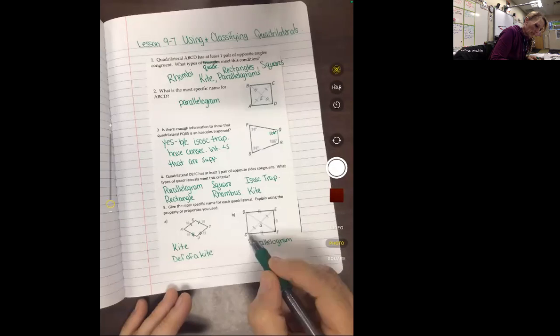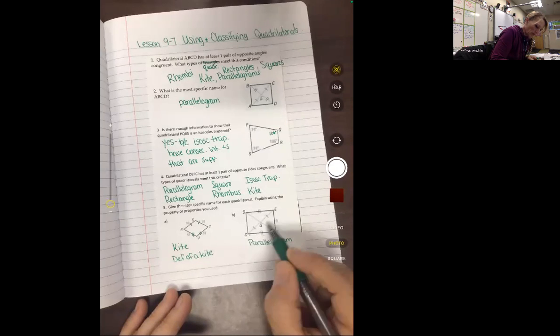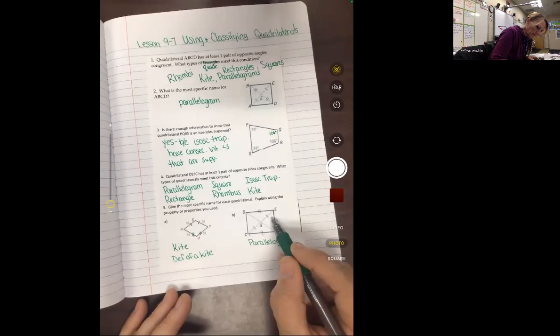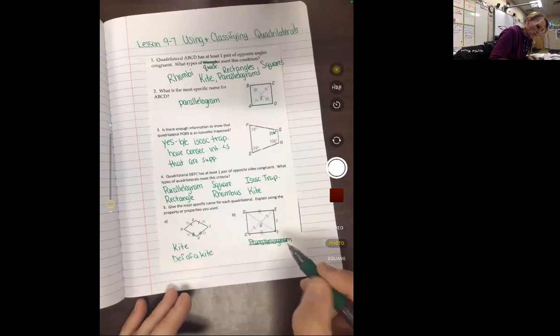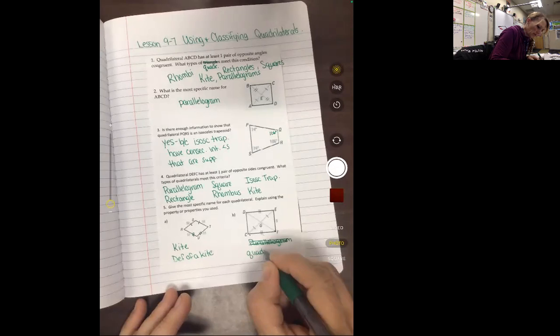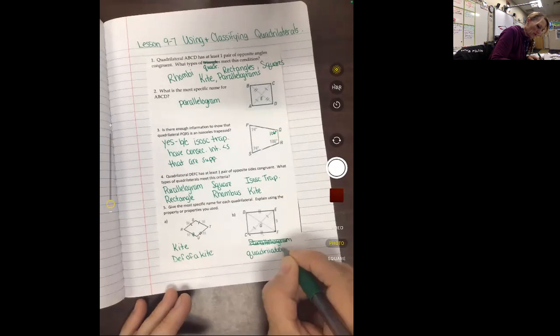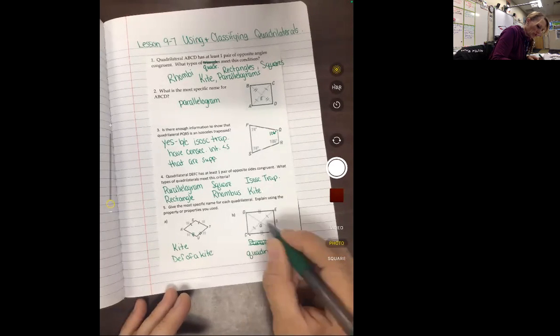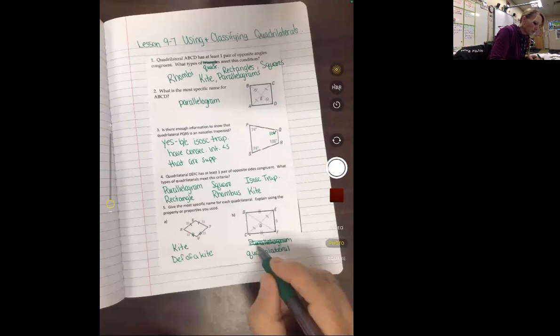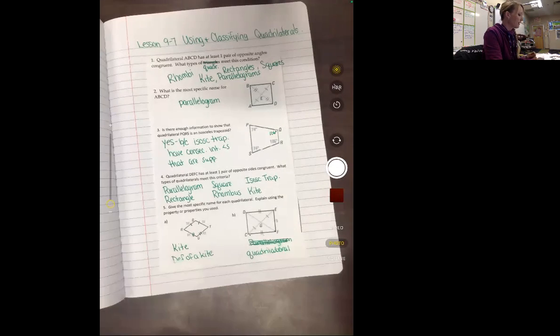We can't prove that this side is 9 because we can't prove any triangles congruent for CPCTC. We don't know anything about the angle measurements. I'm not convinced that you can prove this. So this would just be a quadrilateral because I don't think that you can even prove that it's a parallelogram. We would have to know that GF is congruent to DH for us to be able to prove that it's a parallelogram. So I'm pretty sure quadrilateral is the most specific one there.